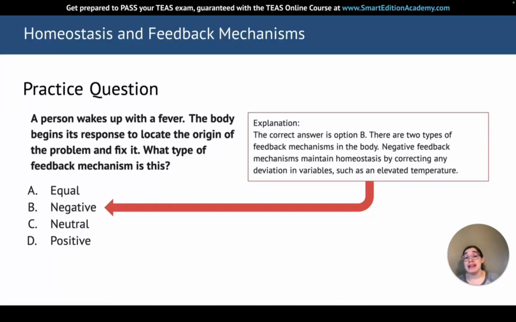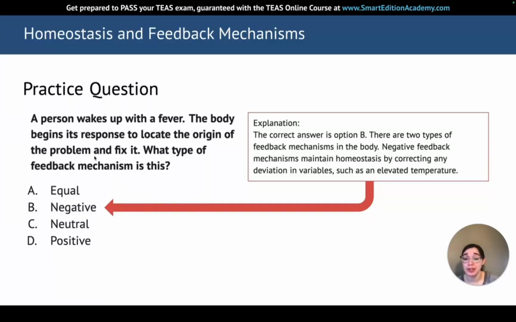So remember that negative feedback mechanisms help maintain homeostasis by correcting deviation in variables, such as temperature, and elevated temperature specifically, as in the case of this person with a fever. So we're being told that the body's response to the fever is to try to find out what's going on and to correct it. So this is a perfect example of a negative feedback mechanism.